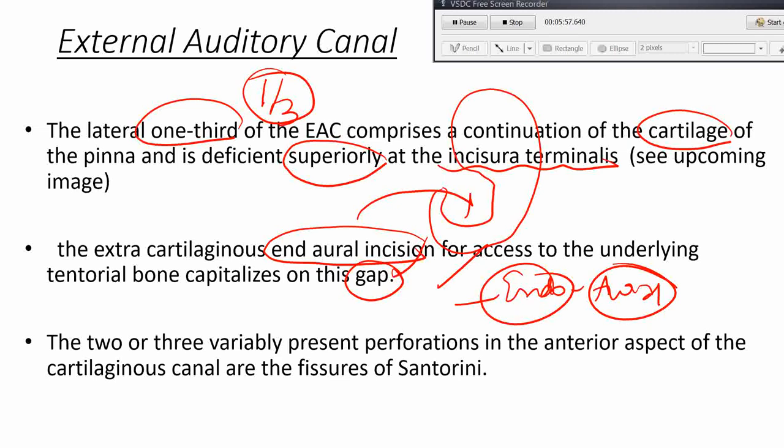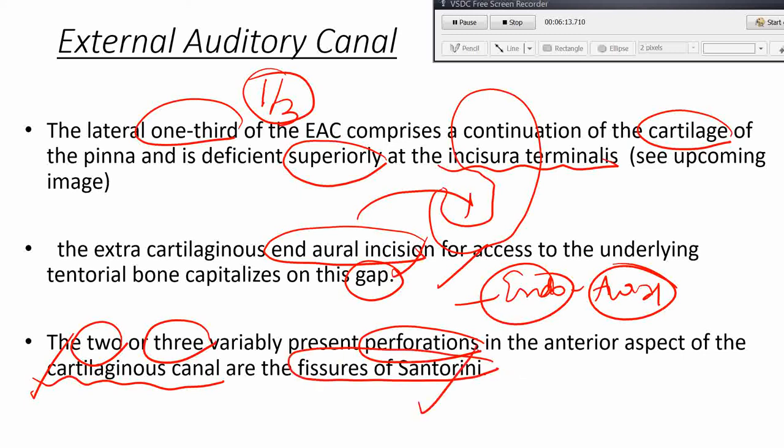And there are 2 or 3 perforations in the anterior aspect of the cartilaginous canal, called the fissures of Santorini. If you take the cartilaginous canal from a superior view, the anterior aspect has the fissures of Santorini.